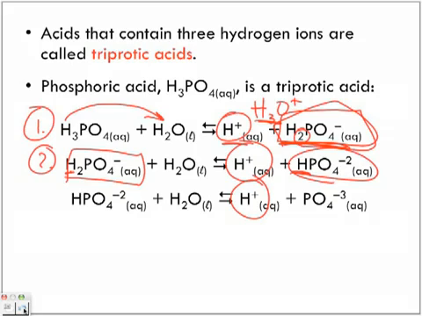But as we said, the first one is always considered stronger than the second acid. This second acid is still stronger, even though it's weaker, than this one. So this first reaction is more likely to happen, and then all the others follow. But again, notice how they're reversible.